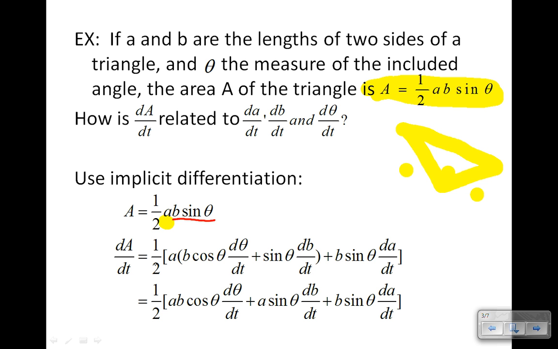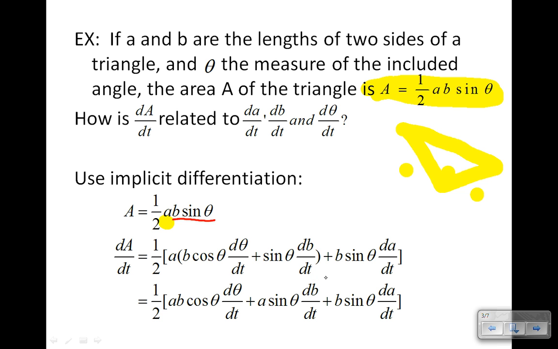All right, so the 1/2 stays out in front. I have my first thing, which is just a, and I take the derivative of the red part that I underlined. The derivative of the red part is a product rule in itself. So I have the first thing, b, times the derivative of sine, which is cosine theta d theta dt, plus the second thing, sine theta, times the derivative of the first thing, db dt.